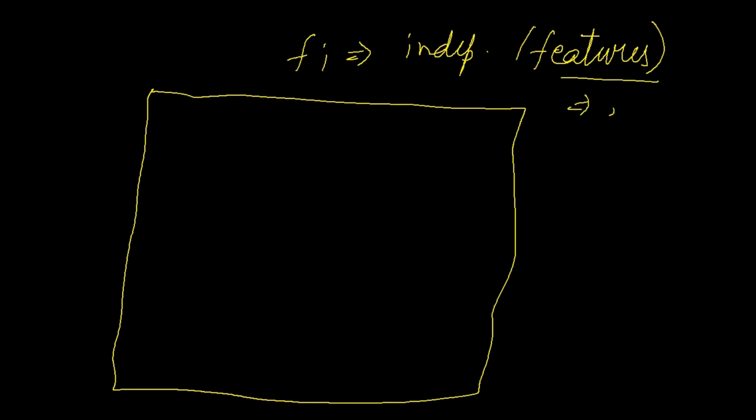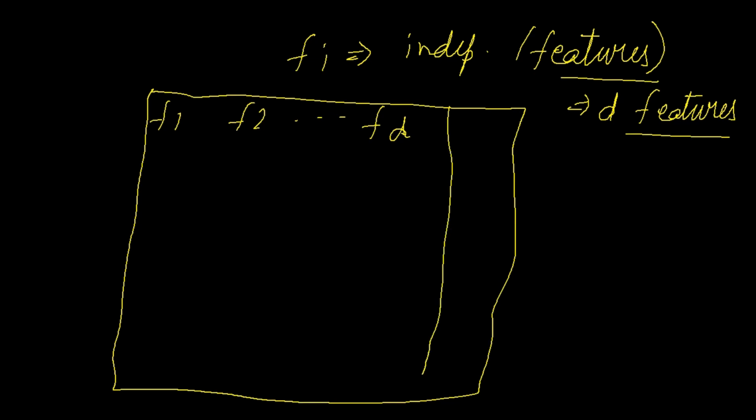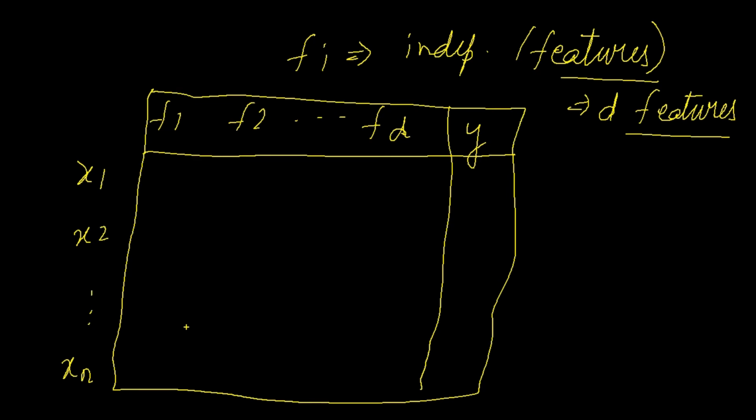So here we have d features: f1, f2, up to fd, and y, the last one, is the dependent variable. Now let's denote the data points as x1, x2, up to xn.